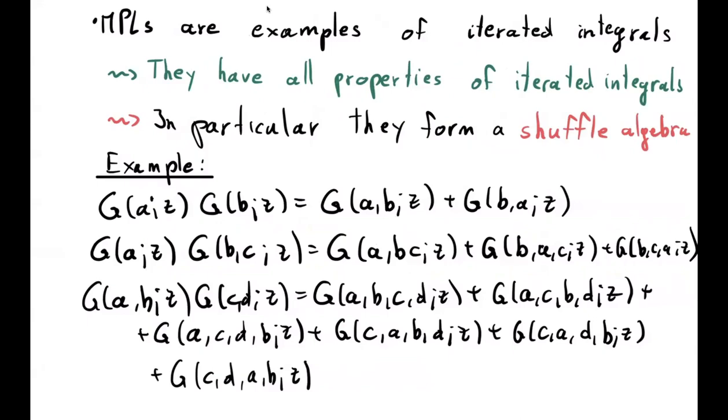What you get is ABCD plus ACBD plus ACDB plus CABD plus CADB plus CDAB. Now this sounds complicated, but it's actually very simple. The combinatorics behind this is actually quite simple.